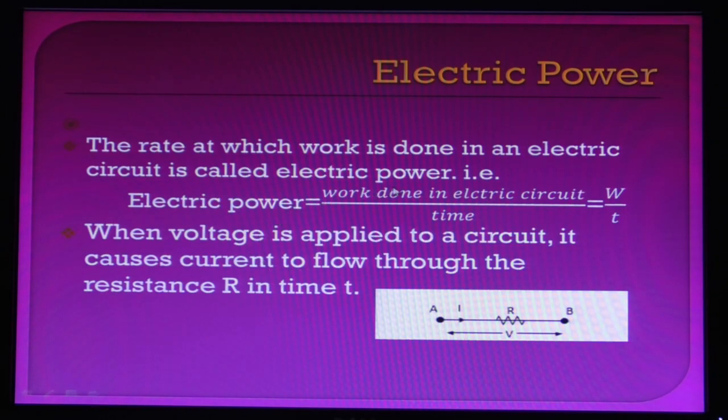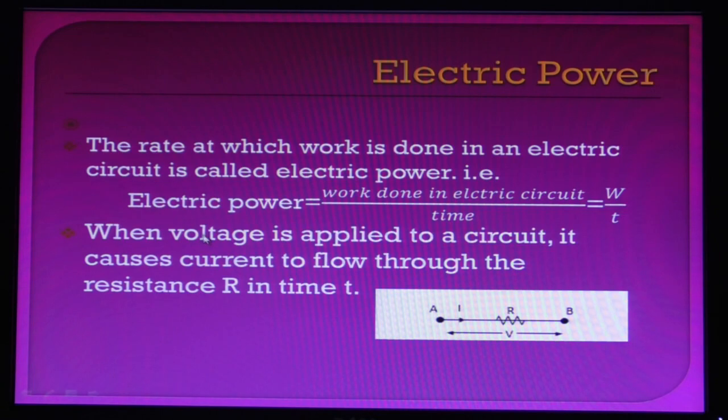Electric power is equal to work done in electric circuit, that is W over time, the rate of doing electrical work. When voltage is applied to a circuit, it causes current to flow through the resistance R in any time t.